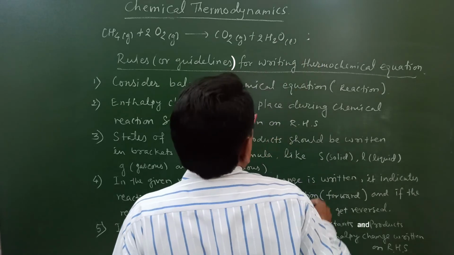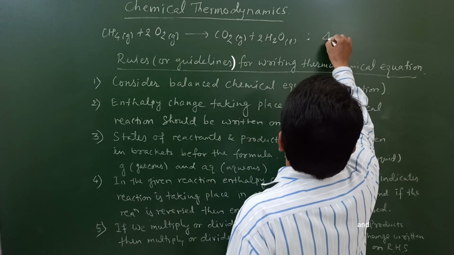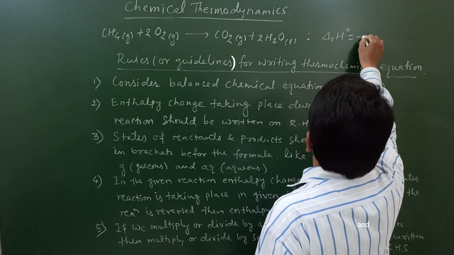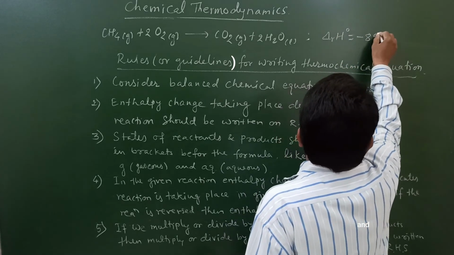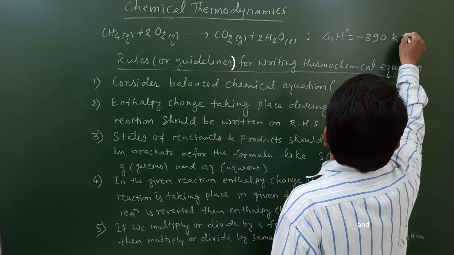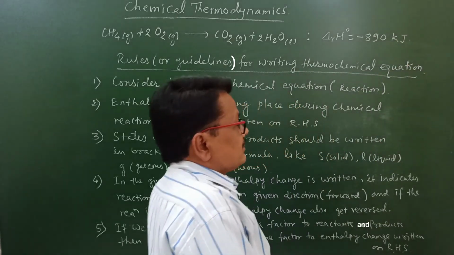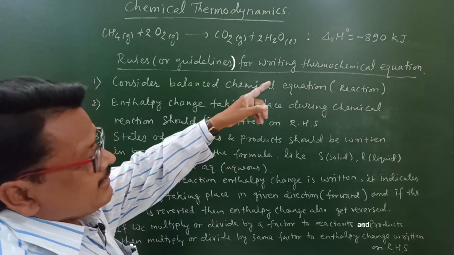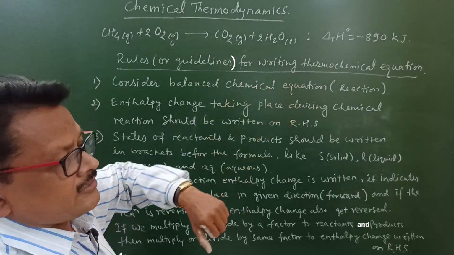So this is the reaction. Here the enthalpy change delta H0R, the standard enthalpy change, is minus 890 kilojoule. This enthalpy change is shown by a minus sign, so definitely it is an exothermic reaction.